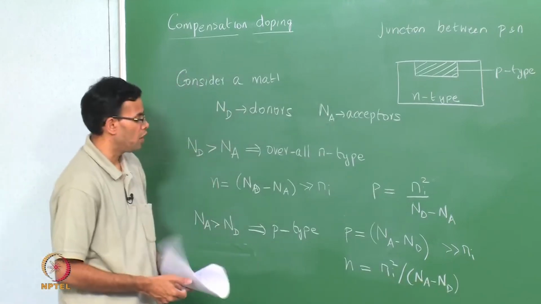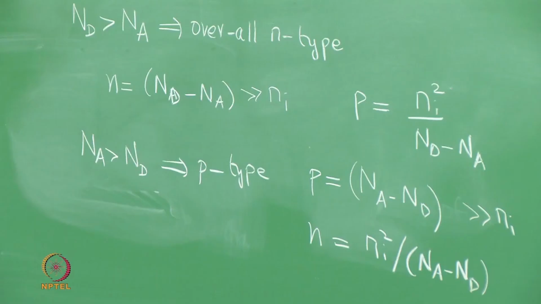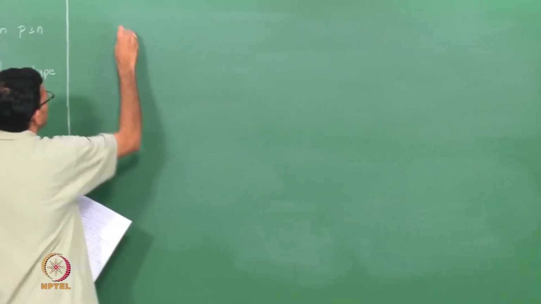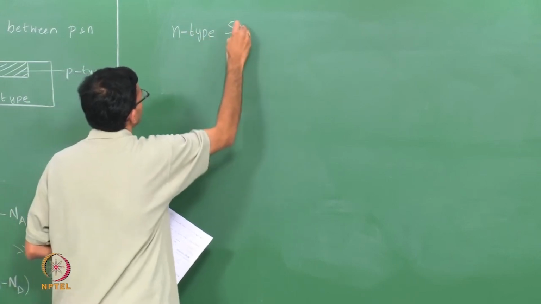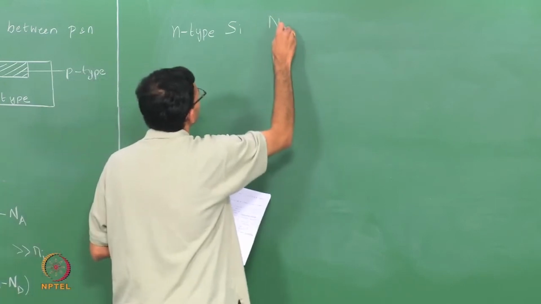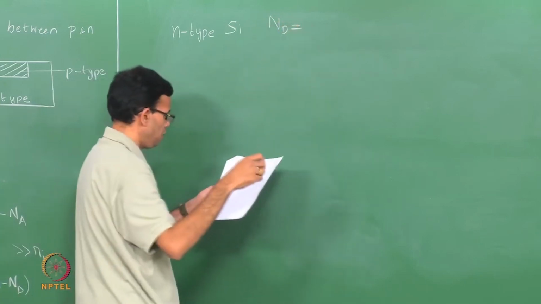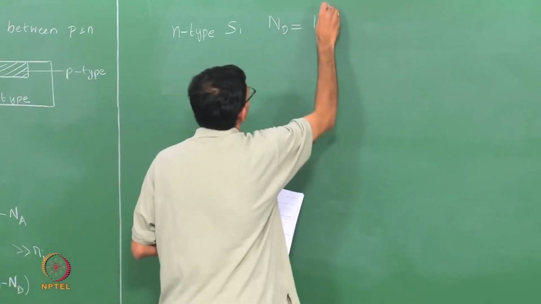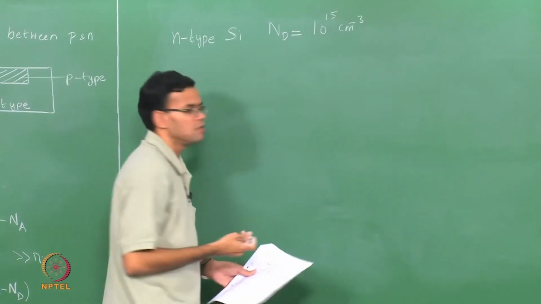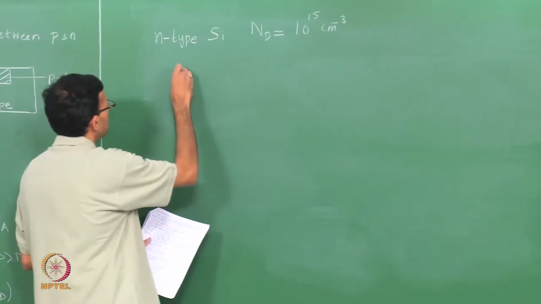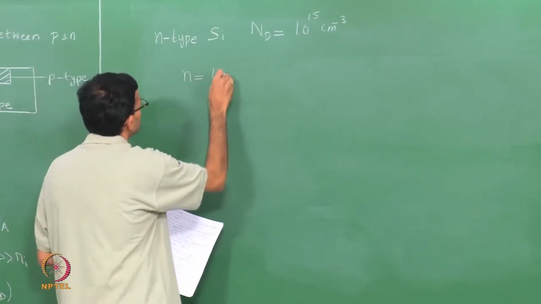Let us just work out an example for this. So, consider an n type silicon with Nd equal to 10 to the 15 per centimeter cube. So, this is an n type material. So, n is 10 to the 15.